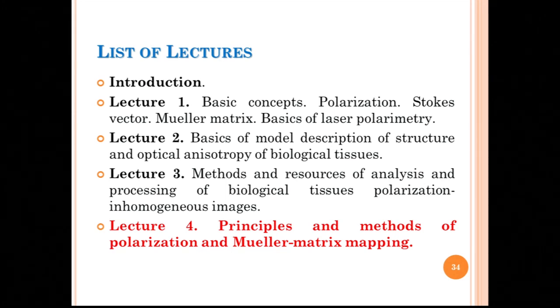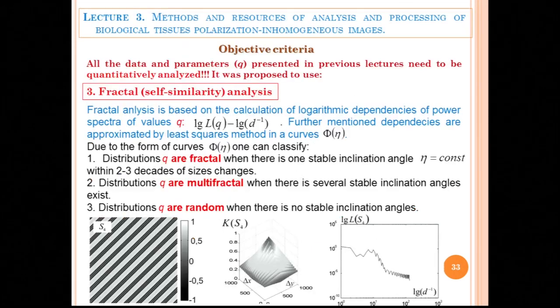And when one method is not very good for evaluation, the second one will be much better, for example. Also, I want you to keep in mind that all the data and parameters Q measured in the previous lecture need to be quantitatively analyzed. This is the message.